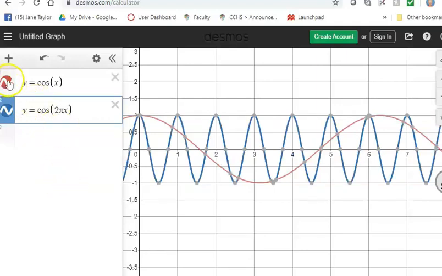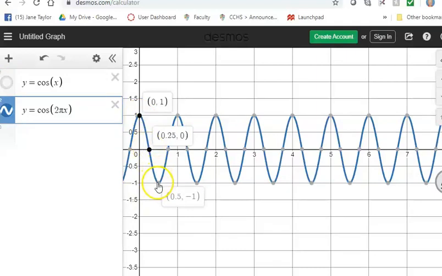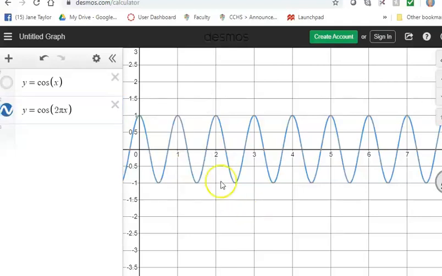So I'm going to turn this one off. What do you notice about the period of the function? High point, 0, 1, 0.25, 0, 0.5, negative 1, 0.75, 0, 1, 1. One complete cycle in 1 unit. So we've gone from a period of 2 pi to a period of 1.